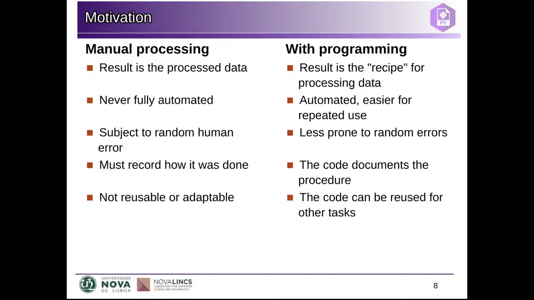And because of that, it's also less prone to errors that are hard to identify, these random errors. So if you're doing things manually, you can forget to select some cells or make some kind of mistake when copying and pasting, and this will result in an error that is hard to reproduce because it happened by chance.